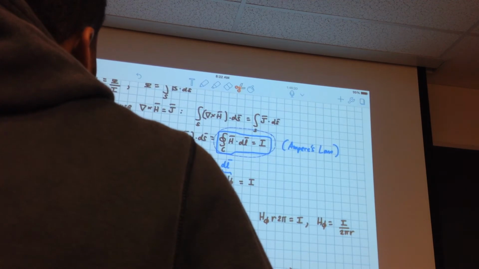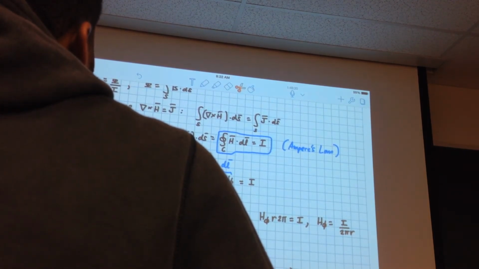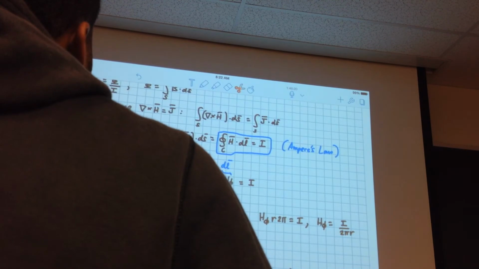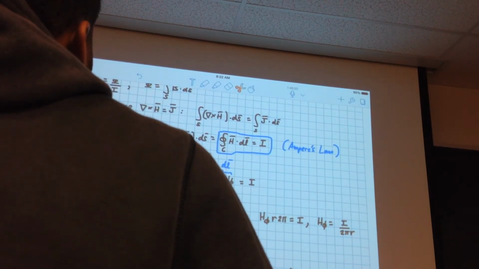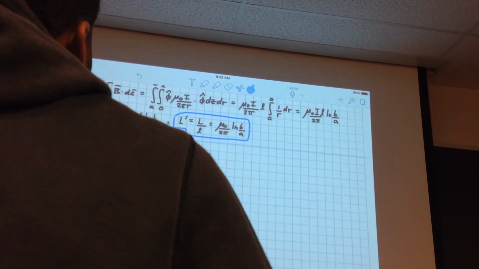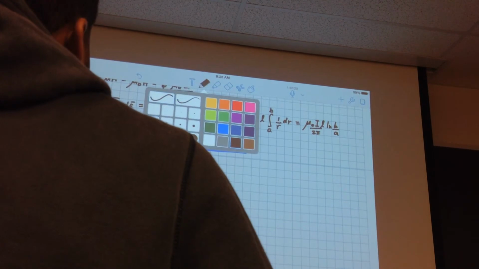Let's take a look at two examples of Ampere's law that are a little bit different than this case here. There was a question on it earlier, so let's take a look at two limiting examples to illustrate Ampere's law a little more.